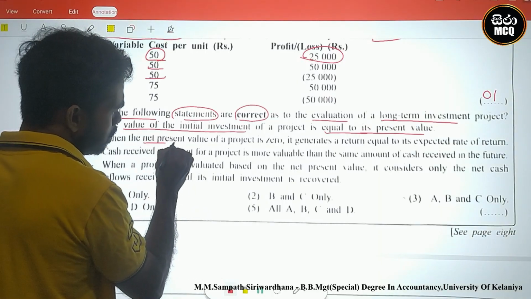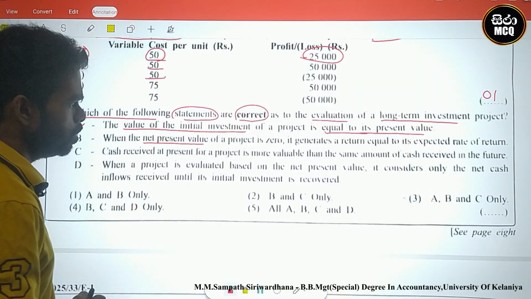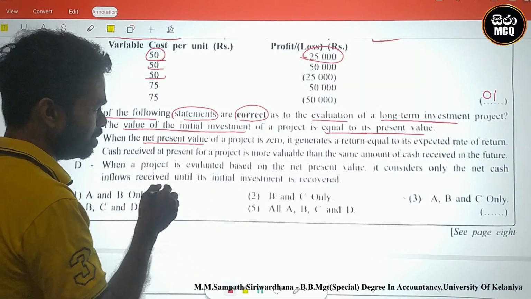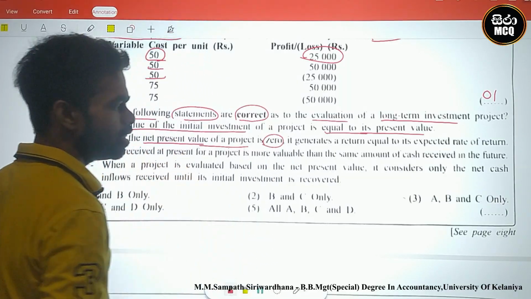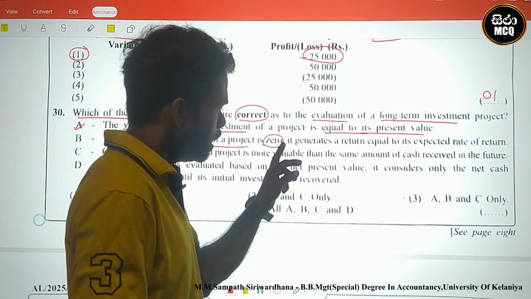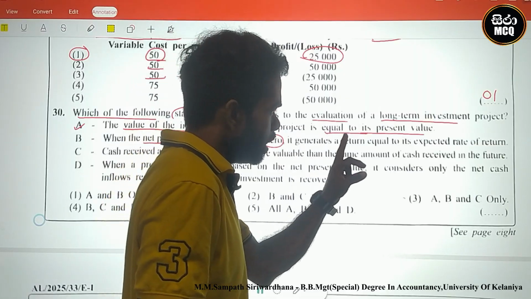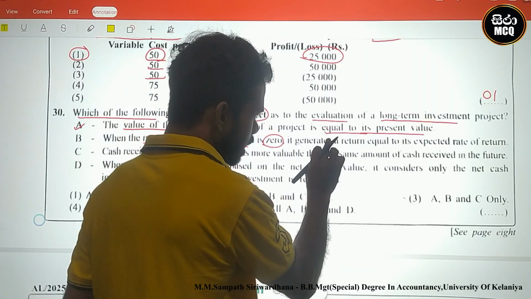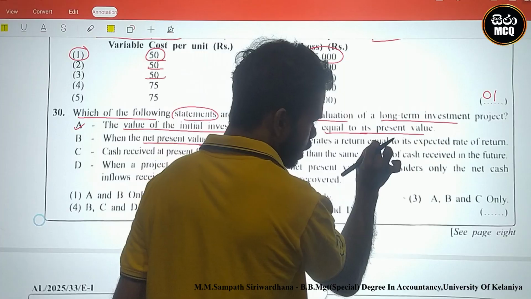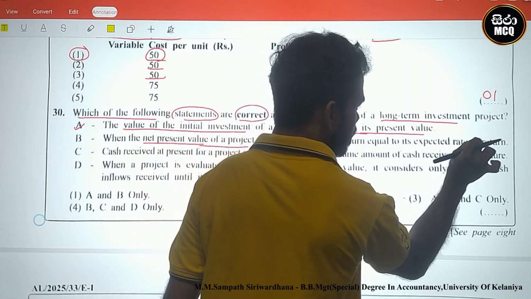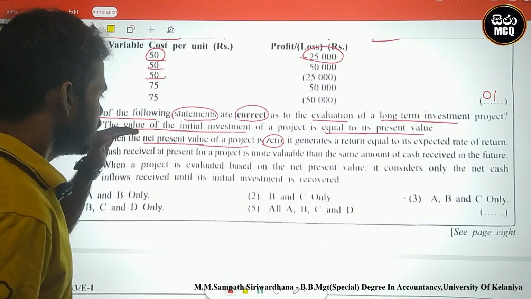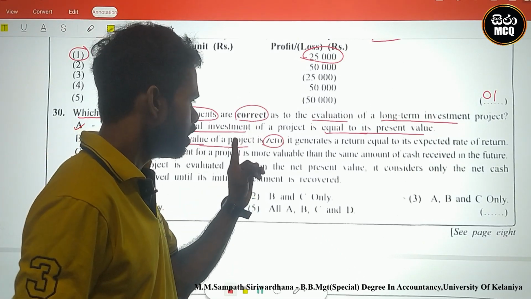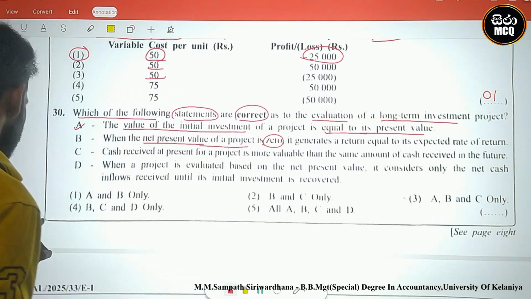When the net present value, NPV, of a project is 0, it generates a return equal to its expected rate of return. Look here, what is the meaning of the net present value of the project being 0?